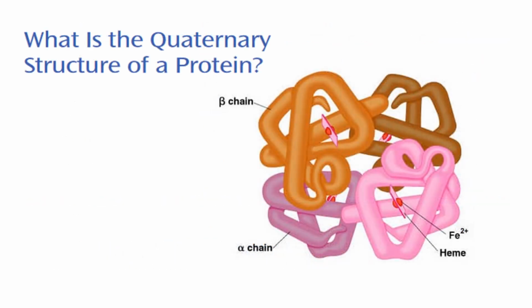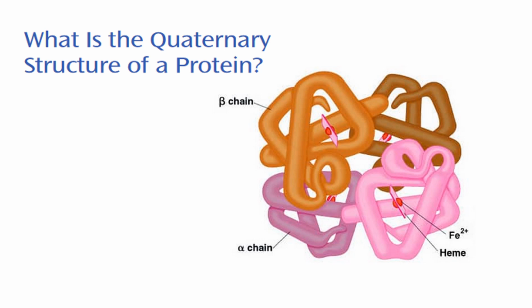The quaternary structure refers to the spatial relationship, or relationship in space, an interaction between subunits in a protein that has more than one polypeptide chain. Hemoglobin in adult humans is made of 4 chains called globins.